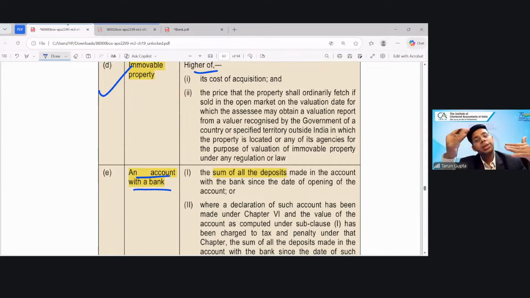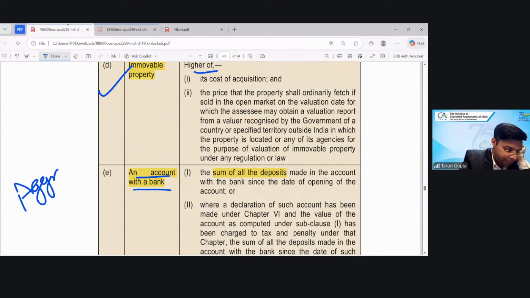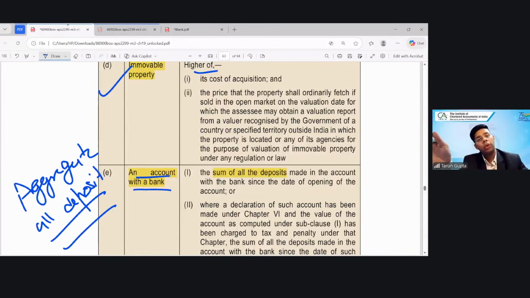So it says that you just aggregate all the deposits. Whatever amount is deposited since the date it was opened, you aggregate all deposits. You just forget about the withdrawal, just aggregate all deposits, and the aggregate amount is the value for the bank. But one thing, if any amount is withdrawn and deposited again, then such deposit is not considered.